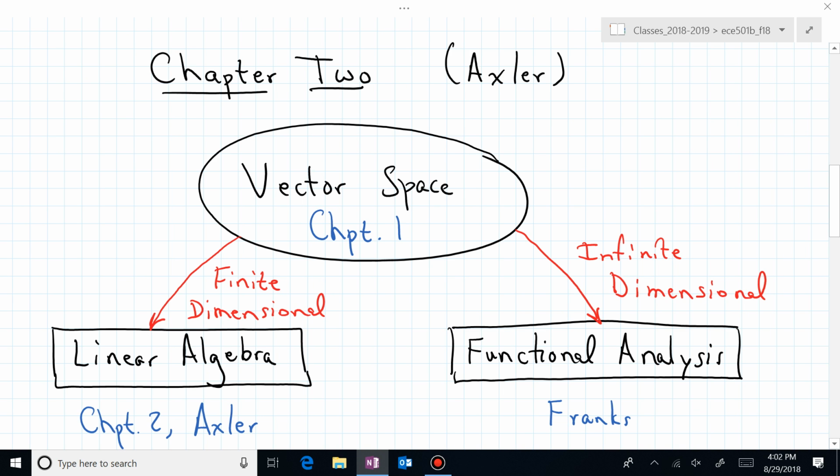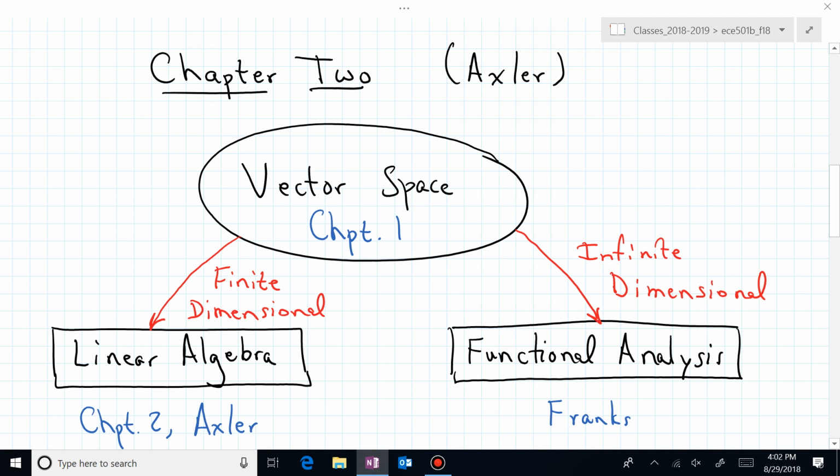Chapter 2, relative to the big picture. Chapter 1, again, was the vector space, notions, ideas, direct sums. How do we slice and dice vector spaces to create subspaces, and then how do we put them back together?